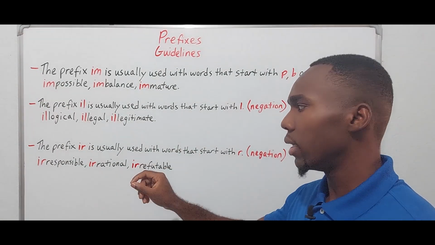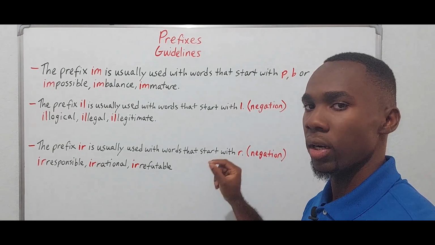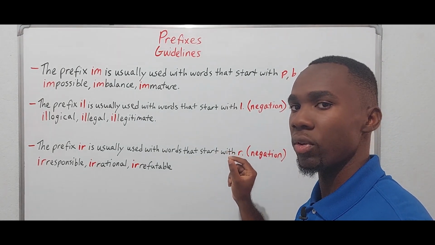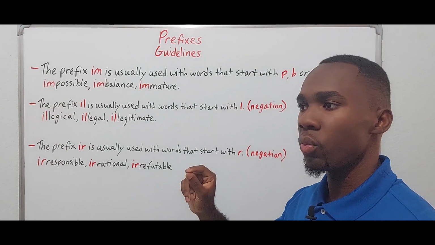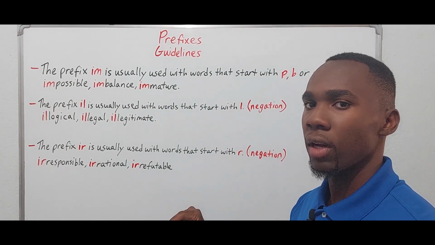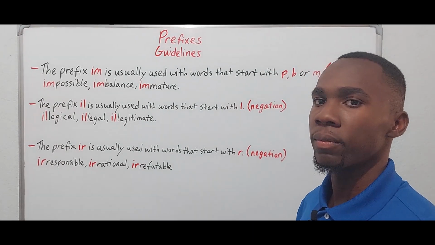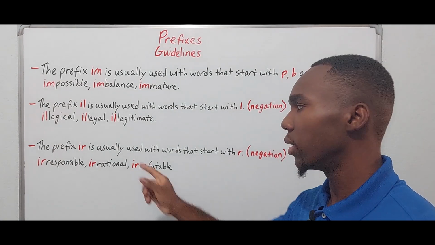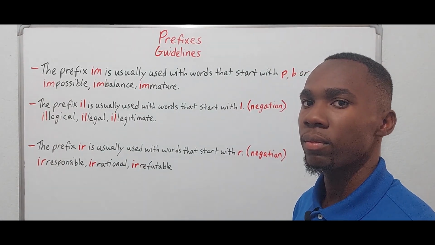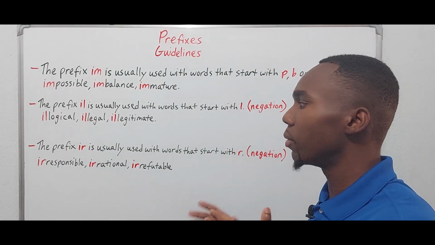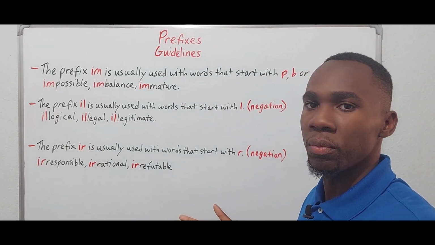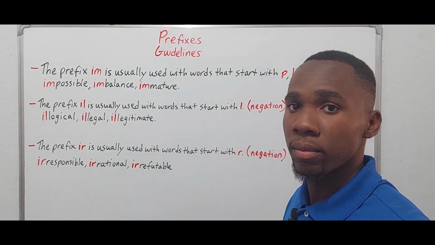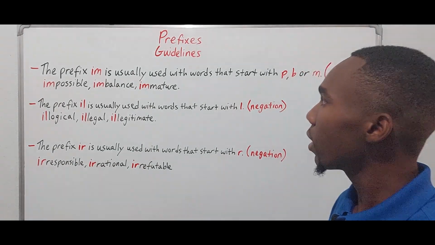So un has to go before reasonable. If I want to make the word reasonable negative, I put un before it. I don't put IR. So that is a clear example of why these are guidelines, right? These are just going to be right most of the time, right? All right.